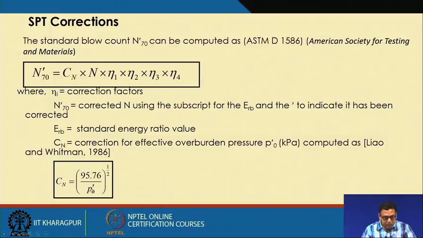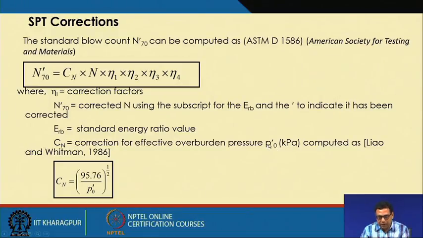In this course, in different places, it can be shown in different ways, although I will try to show them in one particular format, but these all are the same. That means the effective overburden pressure is P0 dash. In this expression we are using it in kPa, kilonewton per meter square.